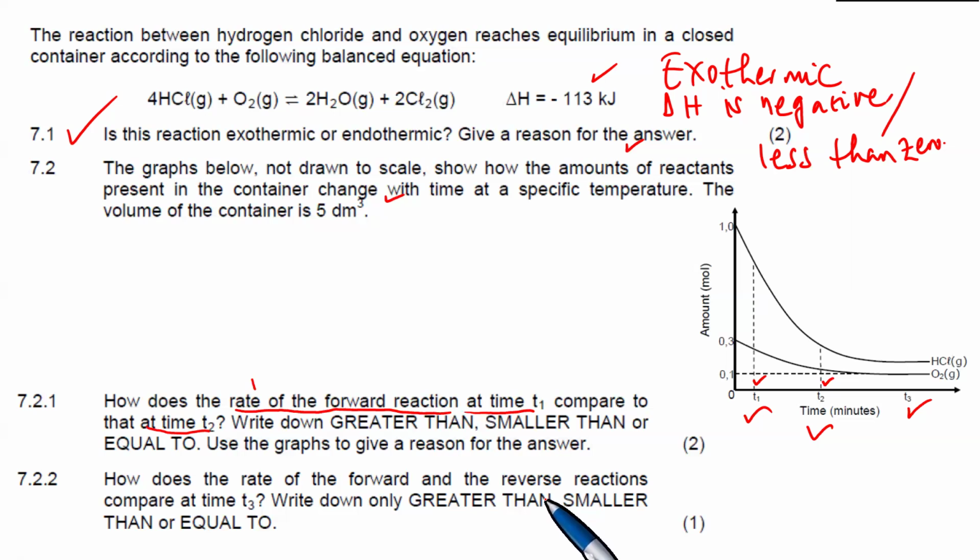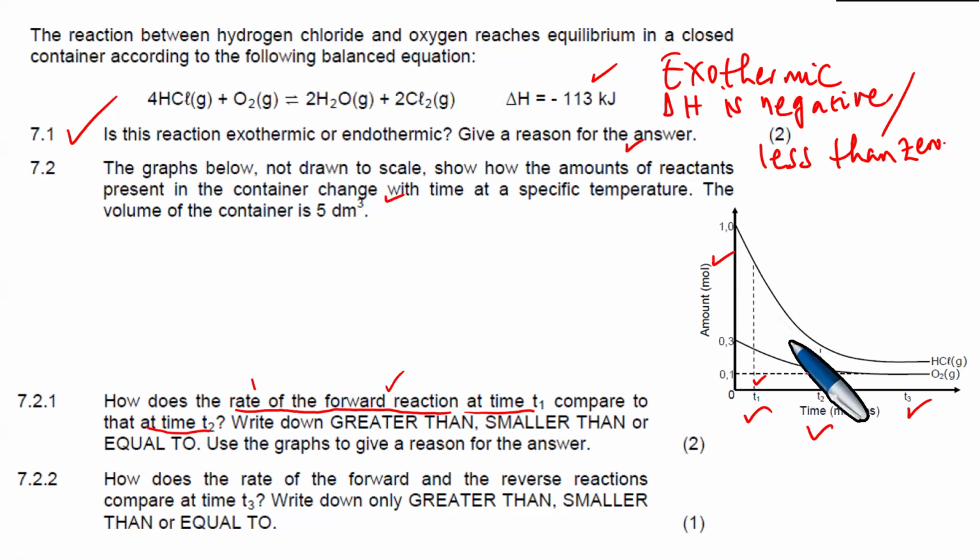We're interested in the rate of the forward reaction. What is the rate of the forward reaction? We're starting with the reactants HCl and oxygen. This graph shows us the amount in moles: the moles of HCl decrease and the moles of O2 decrease.